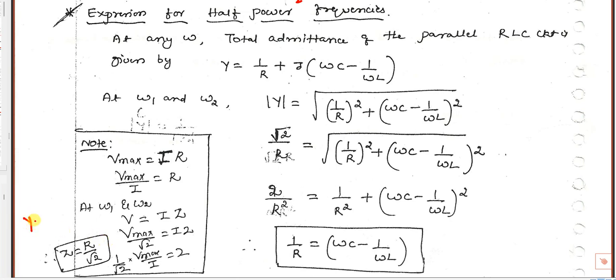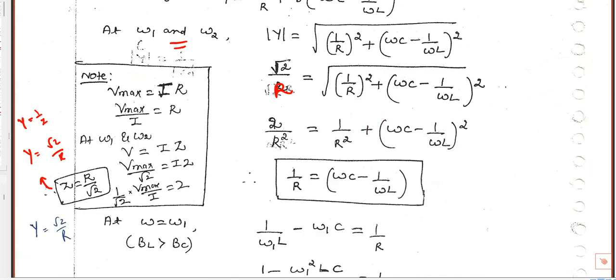Y is 1 by Z, so Z is actually R by root 2, and R by root 2 goes to the numerator. So at omega 1 and omega 2, the Y value is root 2 by R.